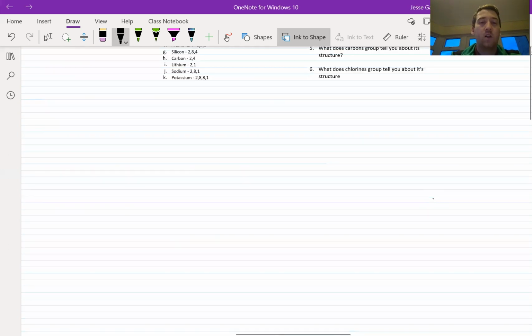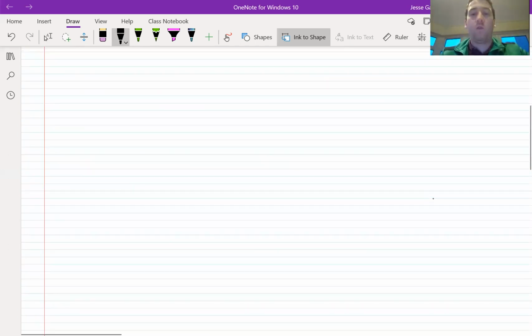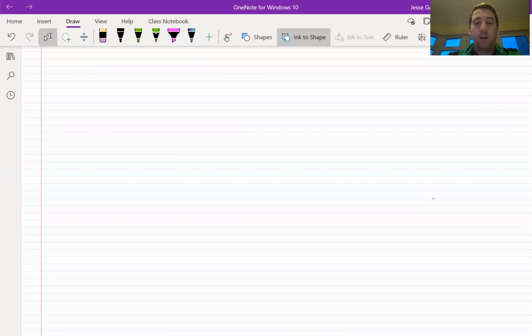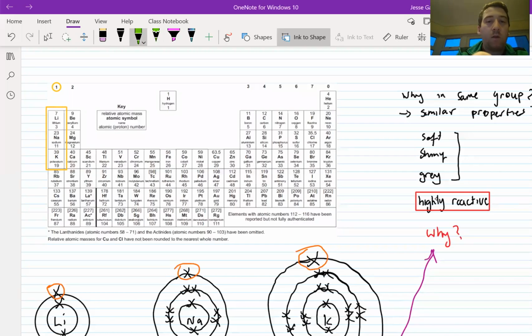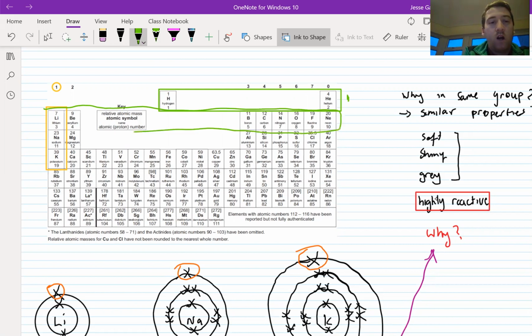We are going to take a look now at what we call the period. So just a quick reminder of what a period is. A period is a horizontal row on a periodic table. So for example, this here is period 1. Hydrogen and helium are in period 1. This is period 2, and all of the elements in this horizontal row are in period 2.